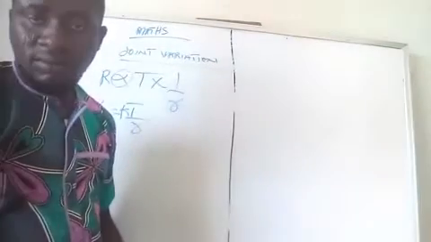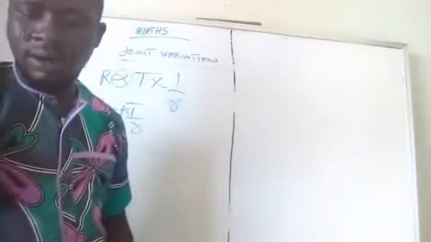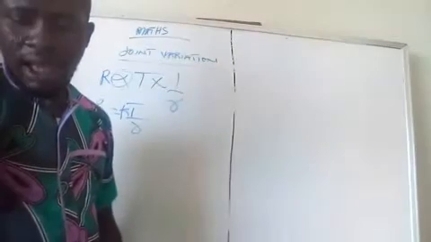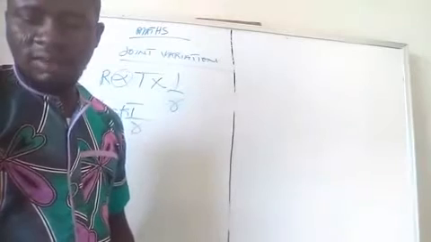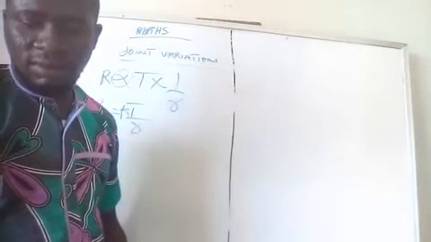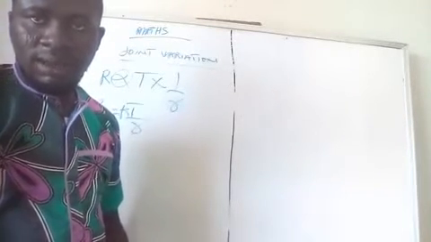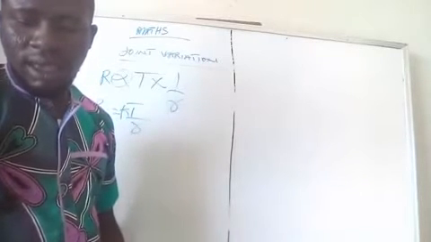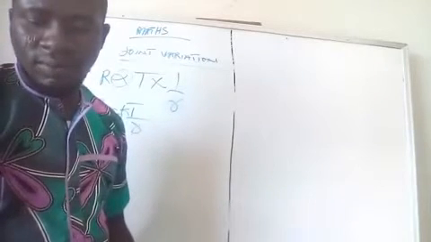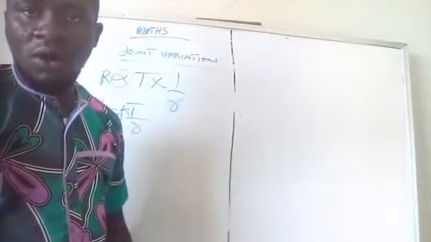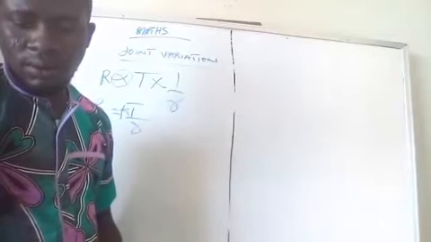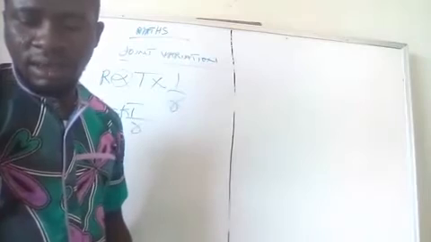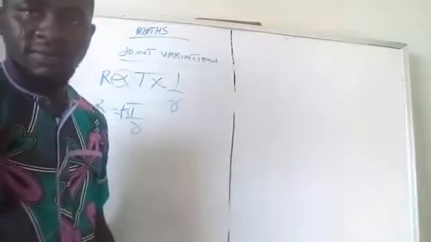If R varies directly as Y and inversely as the square root of X, and R equals 5 when Y equals 3 and X equals 9, find the value of R when Y equals 18 and X equals 25.